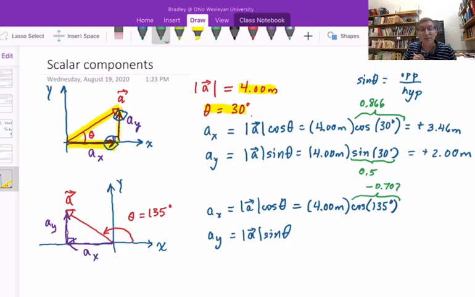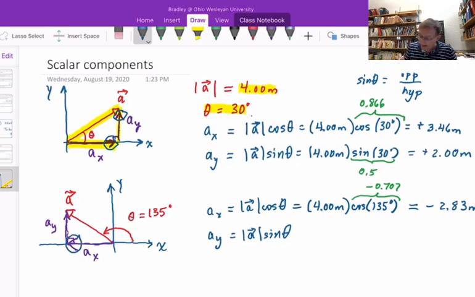It will give you a negative result. You multiply negative 0.707 by 4 meters, and you get negative 2.83 meters. You have a negative x component. That, in fact, is consistent with this arrowhead on AX, yes? Because it points in the negative x direction.